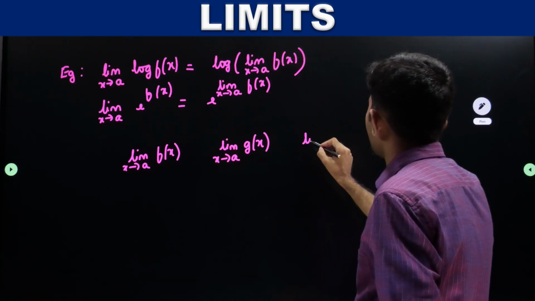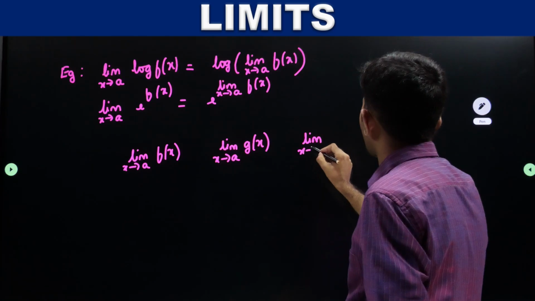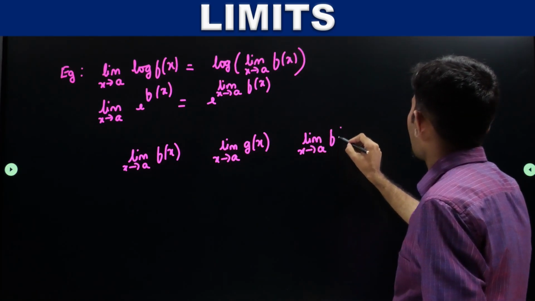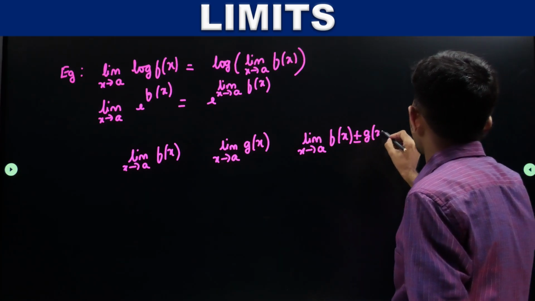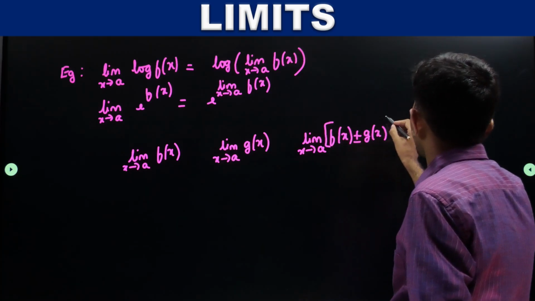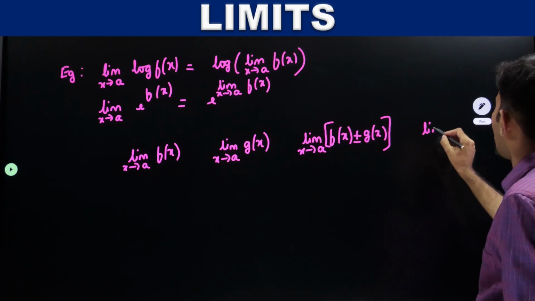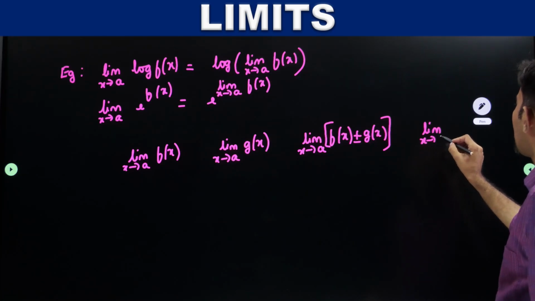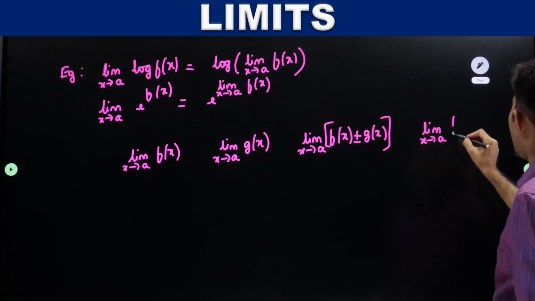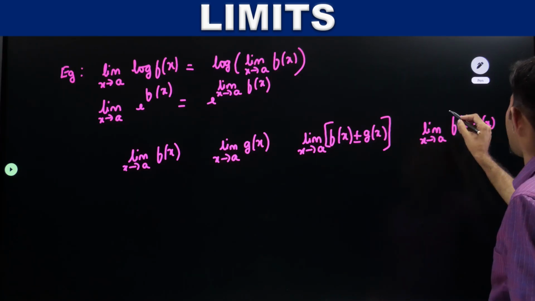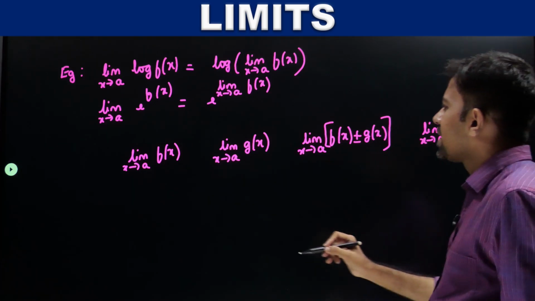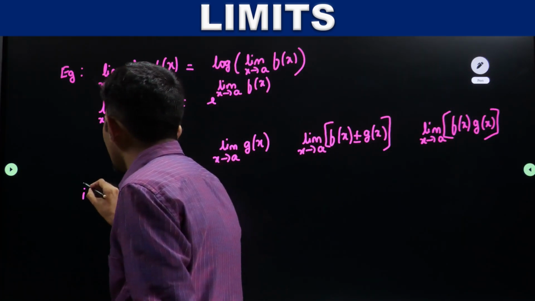Here I'll write limit x tends to a f of x plus or minus g of x. Here I'll write limit x tends to a f of x into g of x, the product. Or you can consider f of x by g of x also. This is first one.